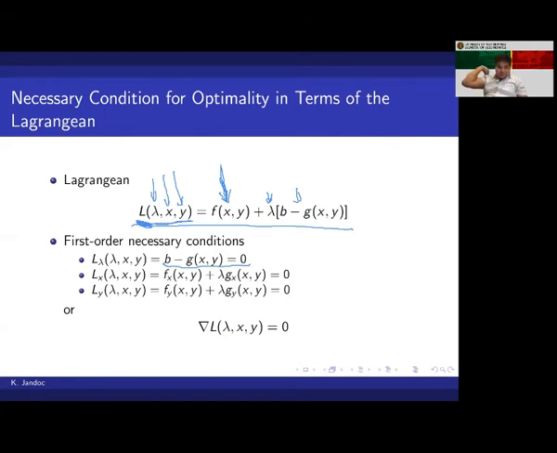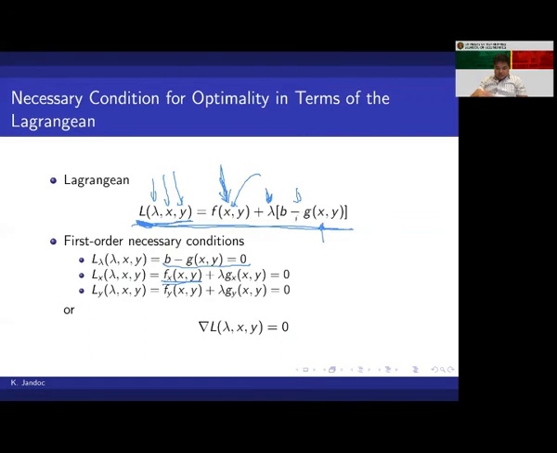Then if you take the partial derivative of the Lagrangian function with respect to x, x appears here, so you get the partial derivative of f with respect to x, which is fx. And x appears here, so you have lambda, which is a scalar.